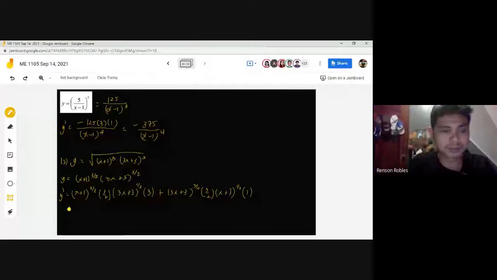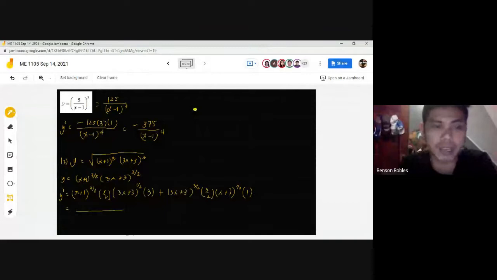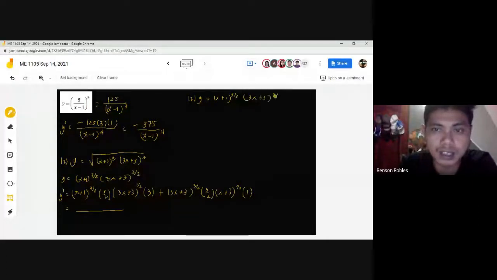Okay? Simplify niyo yan. And then I will teach you the shortcut by just simply manipulating the given. So what you're going to do, y, you just factor out. X plus 1 raised to 3 halves, then 3x plus 3 raised to 3 halves. I'm not yet differentiating.